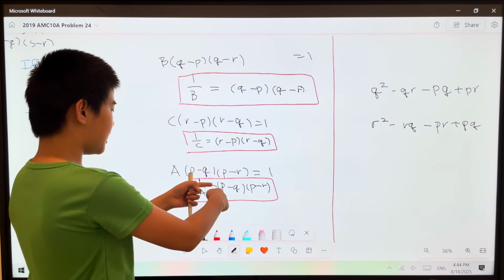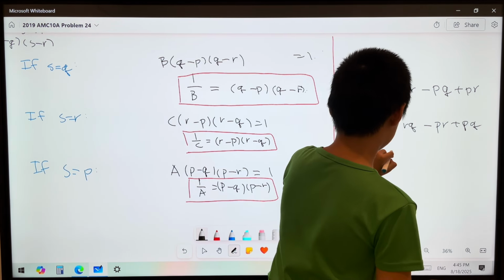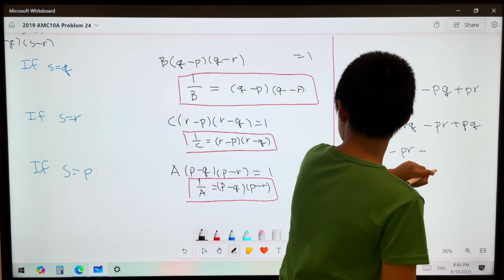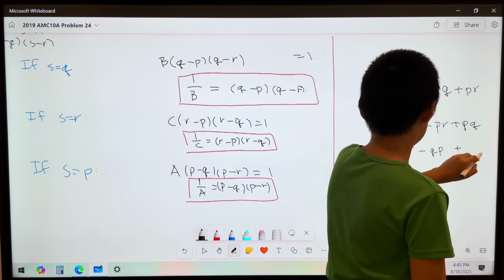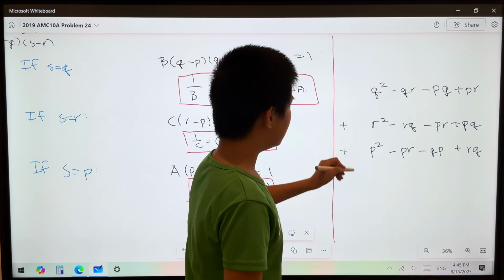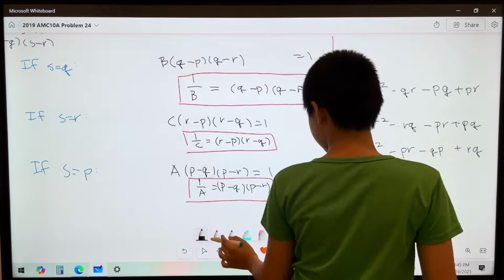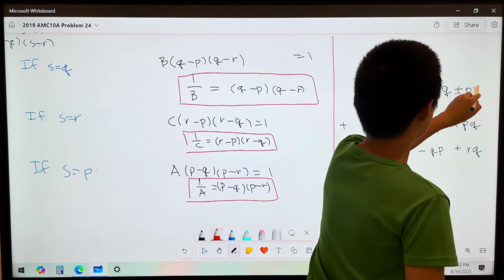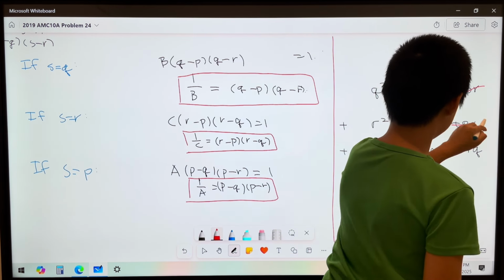Okay, so now you get, well, this is p squared minus pr minus qp plus rq. And once you add everything up, first of all, pr can cancel with negative pr, so really these two can go away. Plus pr minus pr goes away. And then pq and minus pq goes away.